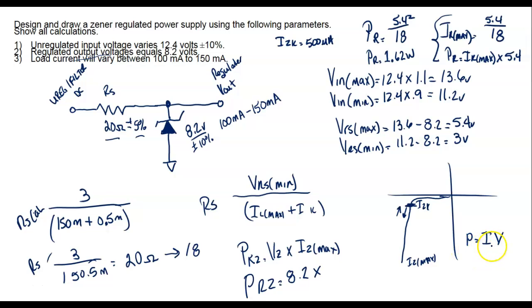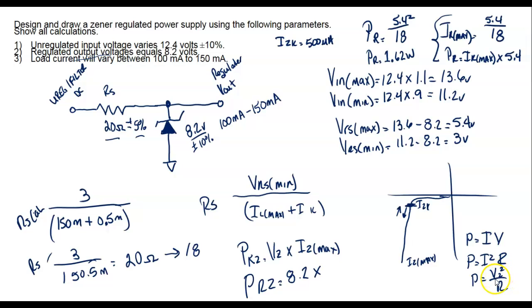Well, first of all, the main formula is P equals V times I, right? This is I squared R, and then power is also equal to V squared over R. What's nice about this is that if you know those three formulas, you can always go back to this, but it takes more math.